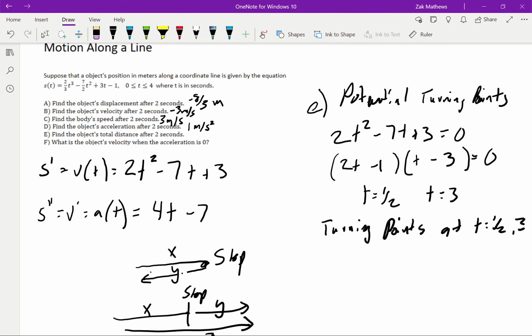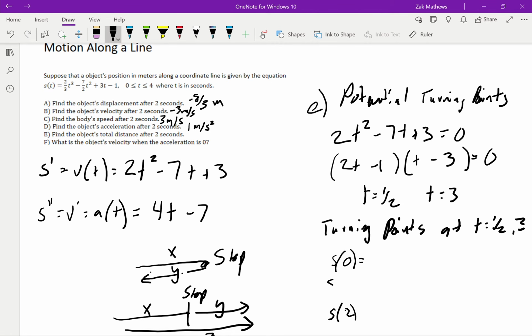Now that I have turning points, I'm still not done with the problem, right? I was asked for the total distance, and so how does this help me? Well, we're going to need to know the position at 0. We're going to need to know the position at the 2 still, right? Those are still important.